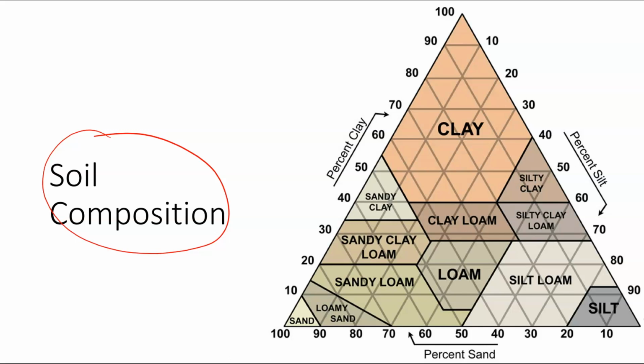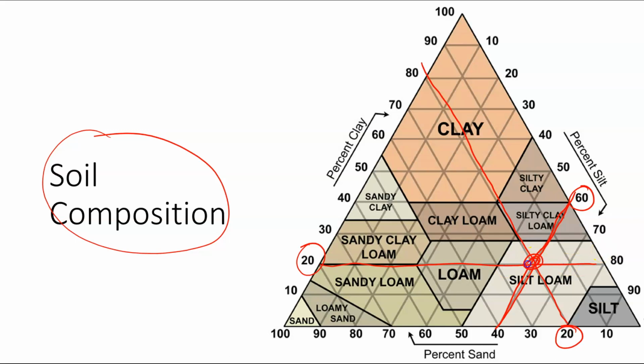But let's say, for example, we have 60% silt, 20% sand, and 20% clay, right? What we do then is I'm going to draw a line here for my 60% silt, a line here for my 20% sand, and then a line here for my 20% clay.